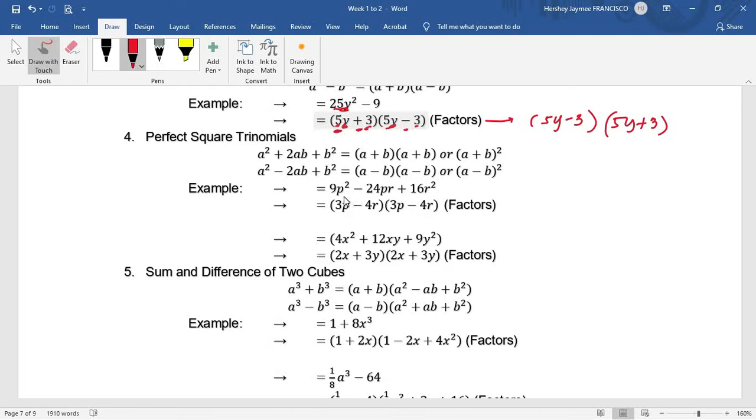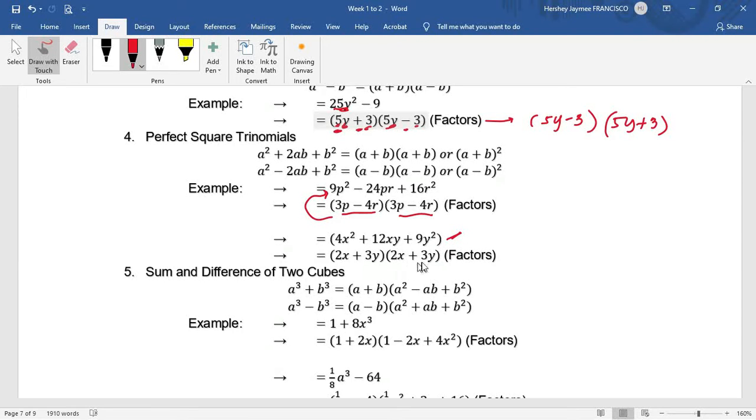So, example, if I have 9p squared minus 24pr plus 16r squared, so you're going to find the factor. Ang factor niya is 3p minus 4r and another 3p minus 4r. If you're going to use FOIL method, in this answer, ang lalabas ay 9p squared minus 24pr plus 16r squared.